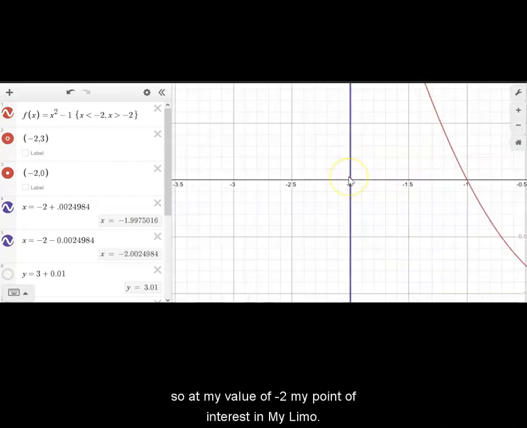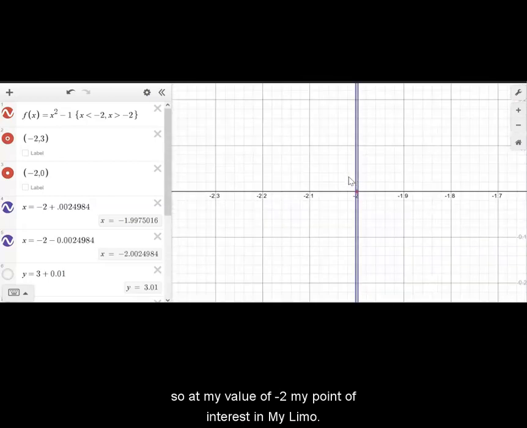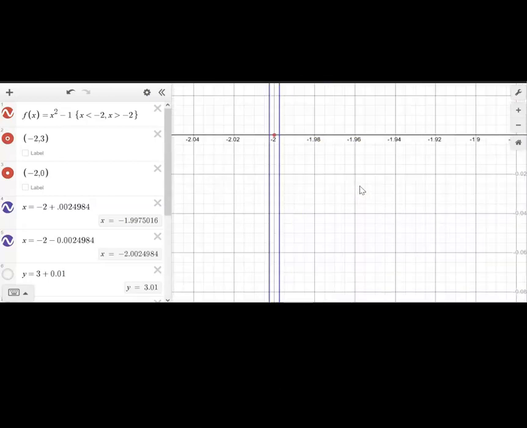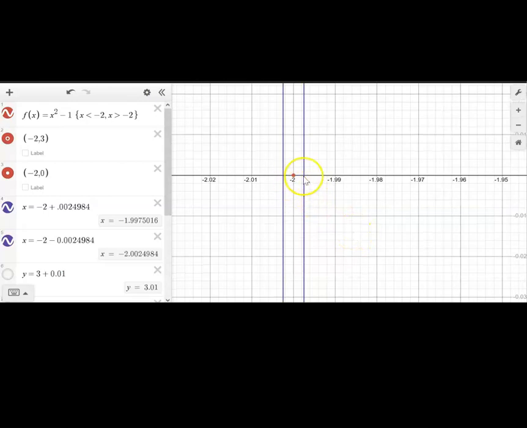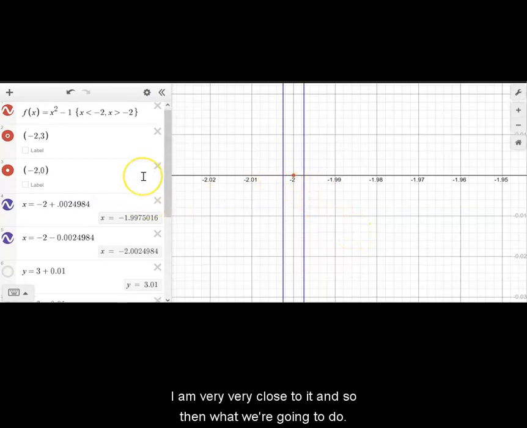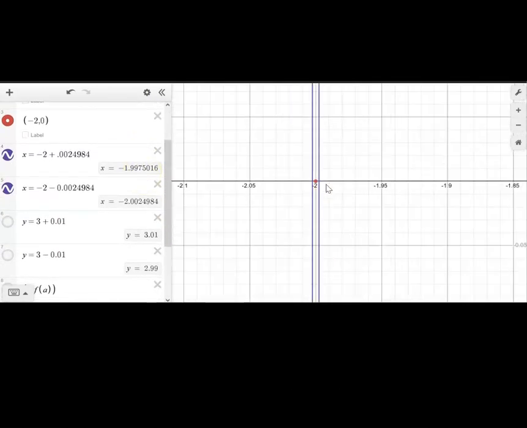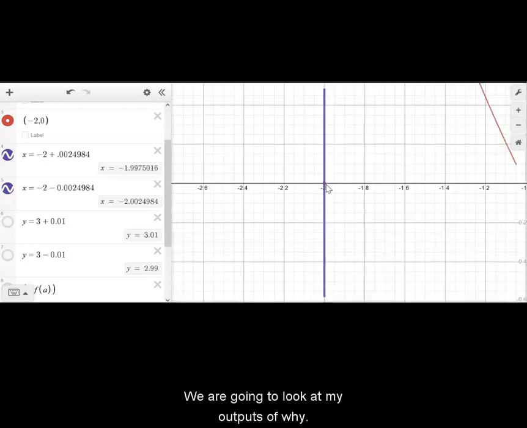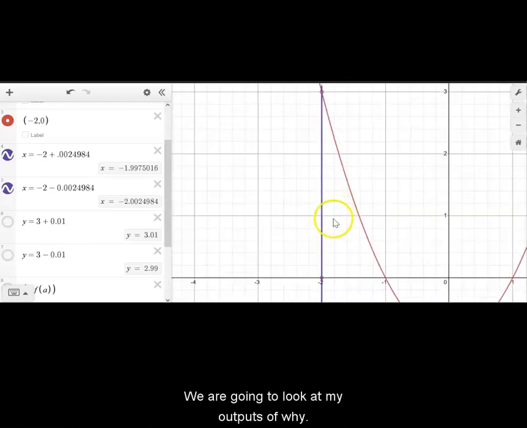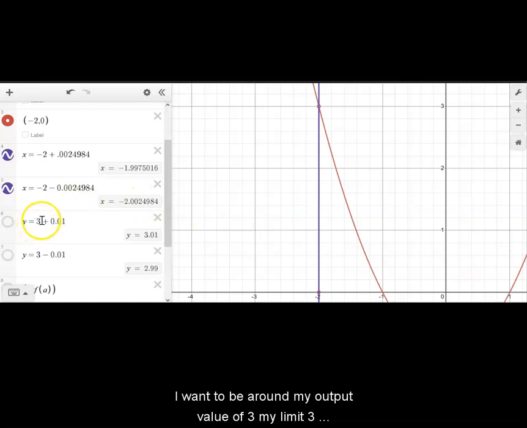So at my value of -2, my point of interest and my limit, there we go, I am very, very close to it. And then what we're going to do is look at my outputs of y. I want to be around my output value of 3, my limit of 3, and I want to be within 0.01.